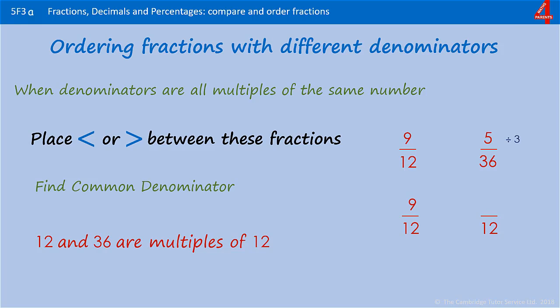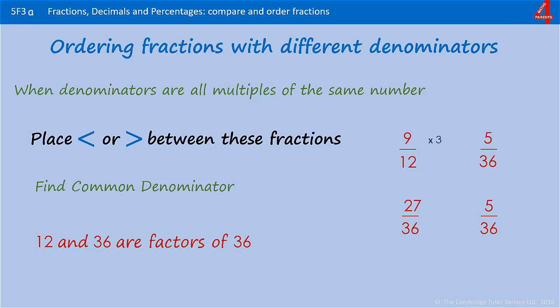the other method. This time we're working with the fact that 12 and 36 are factors of 36, so that's what we're going to make our denominator. To go from 12 to 36, we multiplied by 3, so we're going to do the same with the numerator. 9 times 3 is 27.